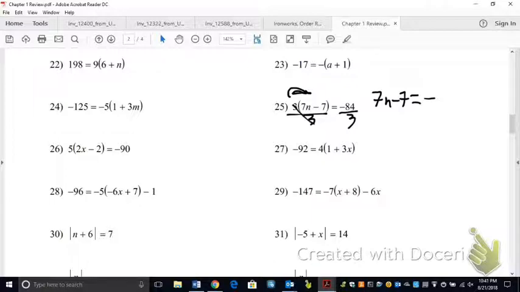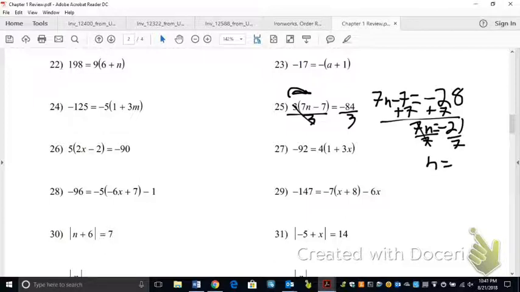So I end up with 7n minus 7, and then negative 84 divided by 3 is negative 28. I'm going to add 7 to both sides, and I get 7n equals negative 21. Divide both sides by 7, and lo and behold, I get n equals negative 3. So again, either way you do it is fine. I'd figure out which way you like better, and just go with it that way.